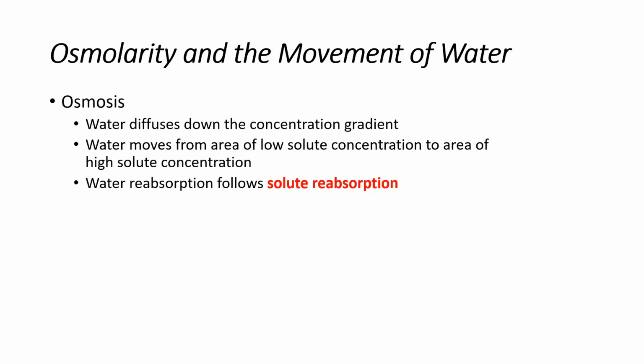And so water reabsorption is usually following solute reabsorption. We made this connection, we spoke on Monday as well. So in order for us to move water, and this is not just in the kidneys, this is across most of our epithelial surfaces, we have to create a solute gradient. We have to pump solutes first, and then water can follow, okay?